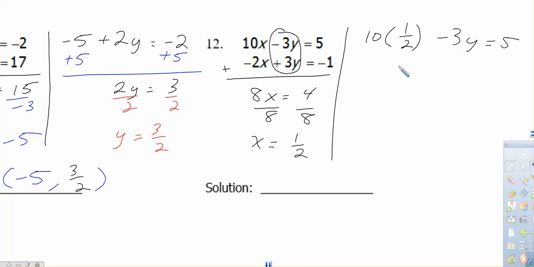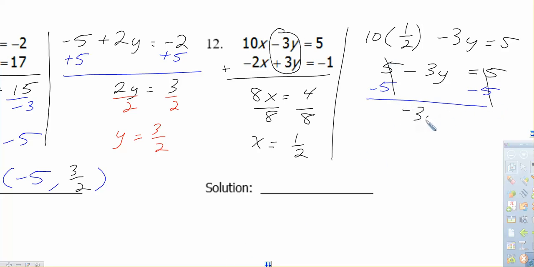That's 5. So we have 5 minus 3y equals 5. Subtracting 5 from both sides, and we get a 0 pair over here, 0 over here, so -3y equals 0. Dividing by -3, we find that y equals 0. So our solution is x is 1/2, comma, y is 0.